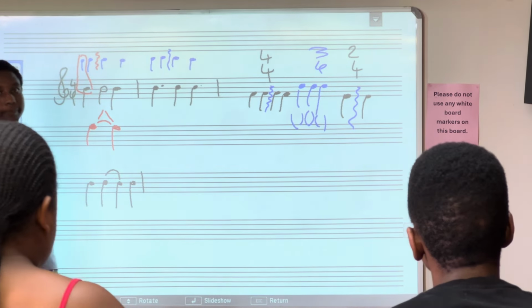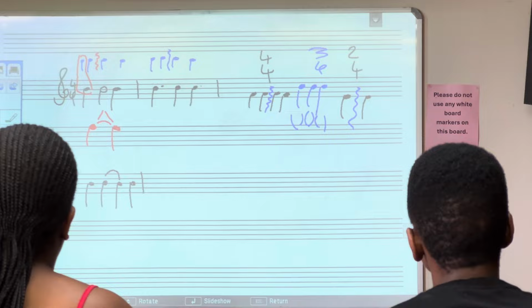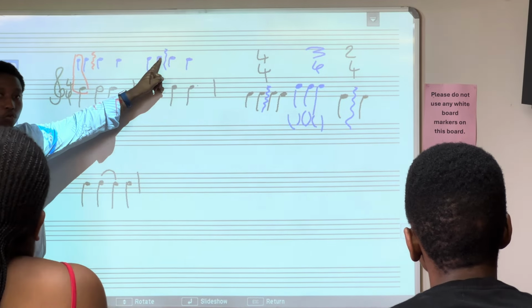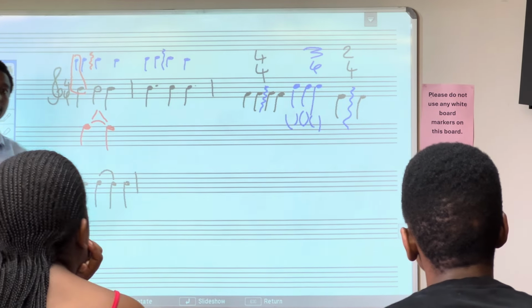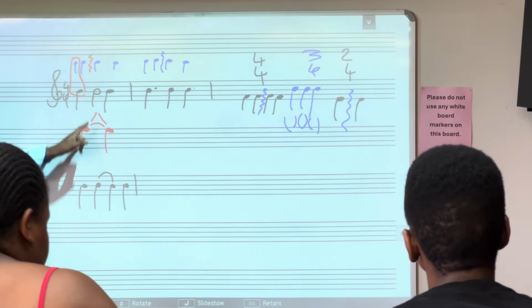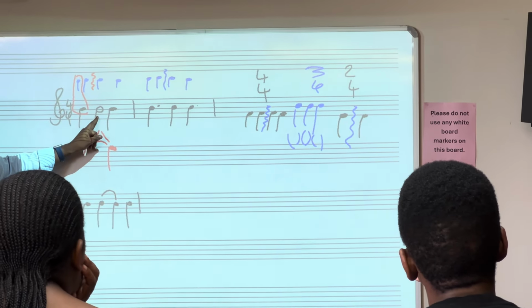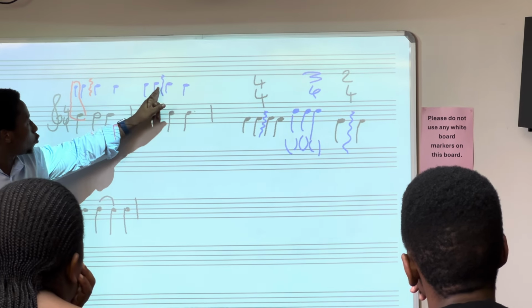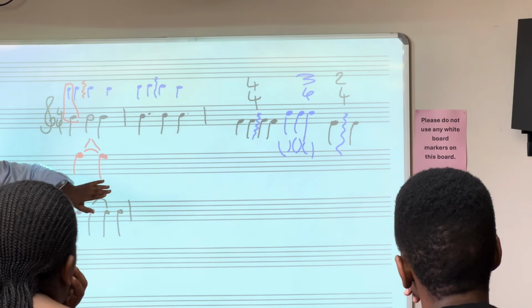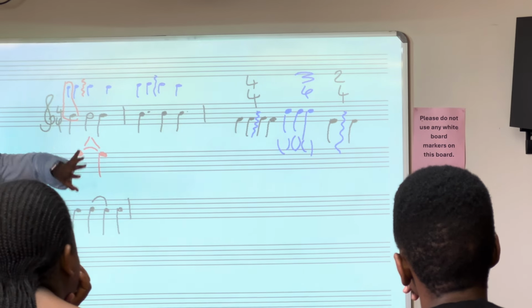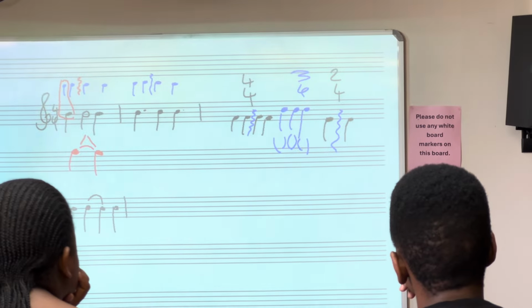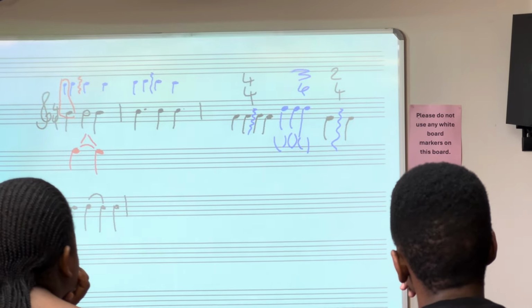Big problem. I cannot have a note that includes beat 2 and 3 as one. Not allowed. Just like here, I had a note that includes beat 2 and 3. Any note that includes beat 2 and 3 needs to be separated to say that no, this is 2 and this is 3. Do not join the 2.